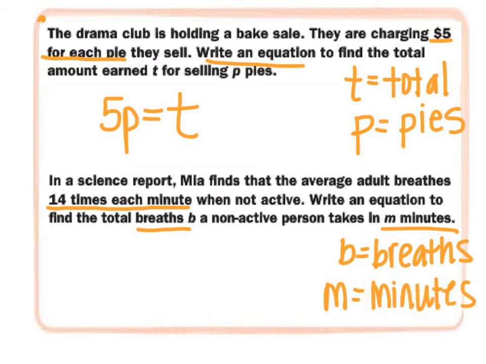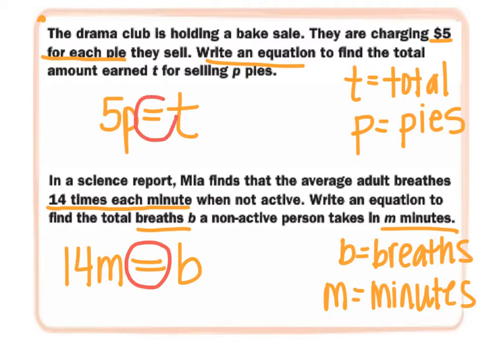I know you do it 14 times each minute. It could be 10 minutes, so 14 times 10, or 1 minute, 14 times 1, but I don't know, so I put an M. That would equal the total amount of breaths, and that would be my equation. I took it from a word problem and turned it into an equation. And remember, an equation always has that equals sign in it.